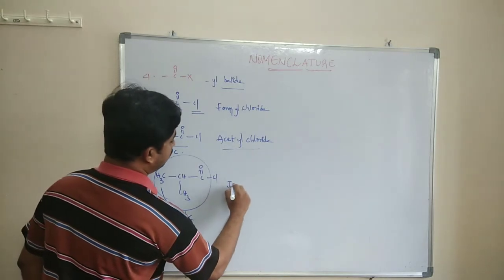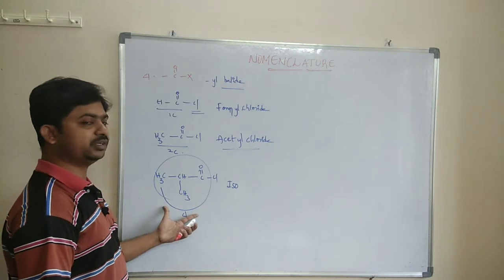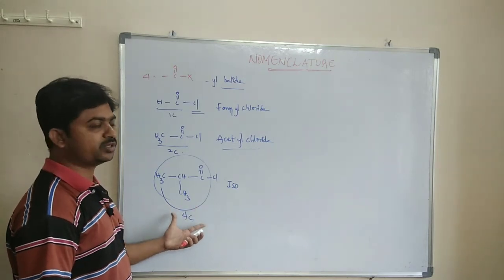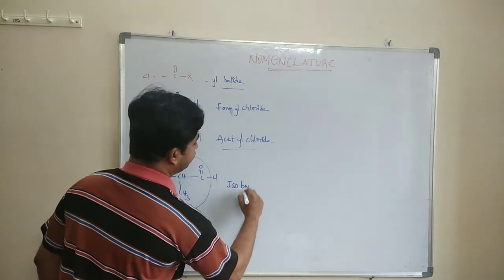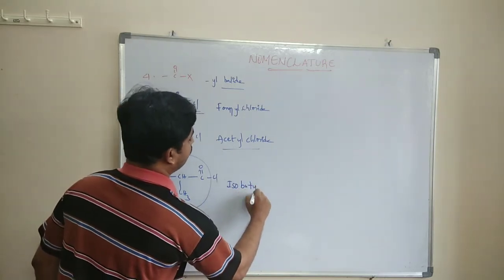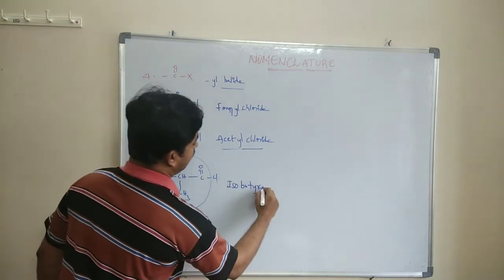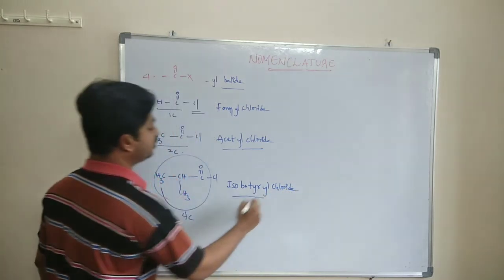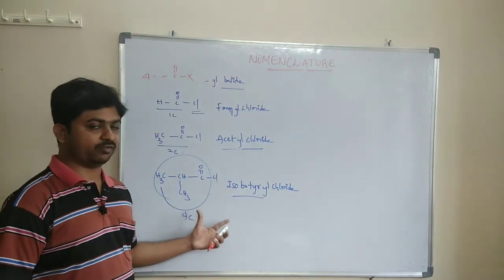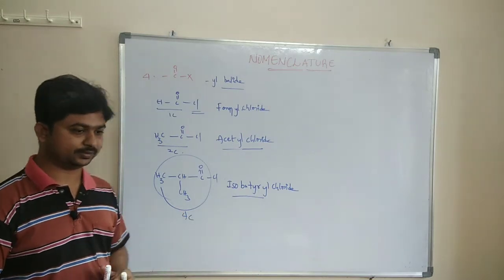So iso is the prefix we can use. If 4 carbons, then we can use the root word butyl. So the suffix is acyl chloride, so isobutyl chloride. Like this we can give the names to the acyl halides.